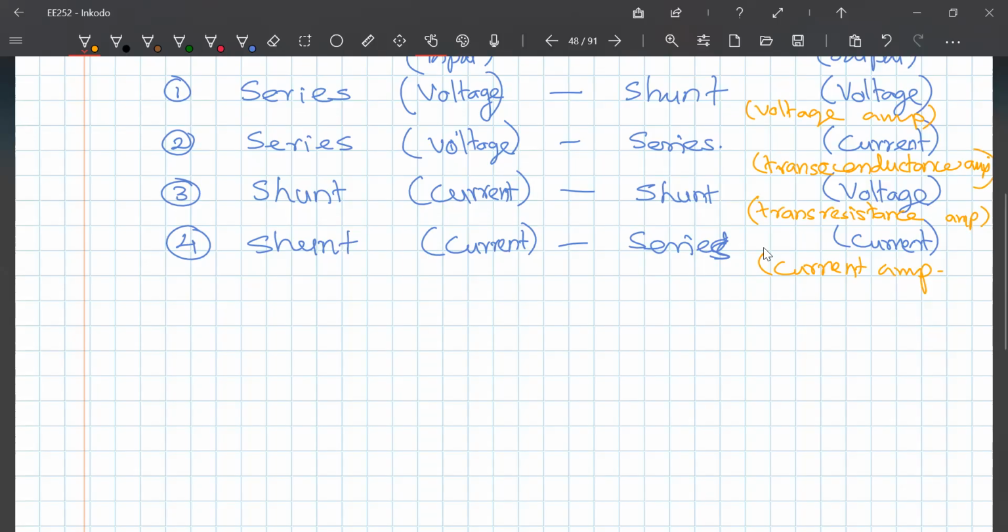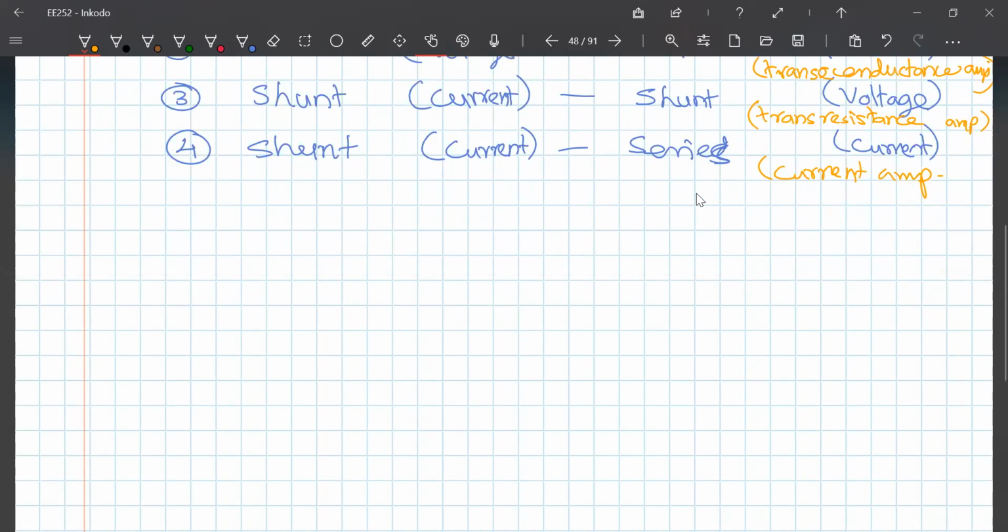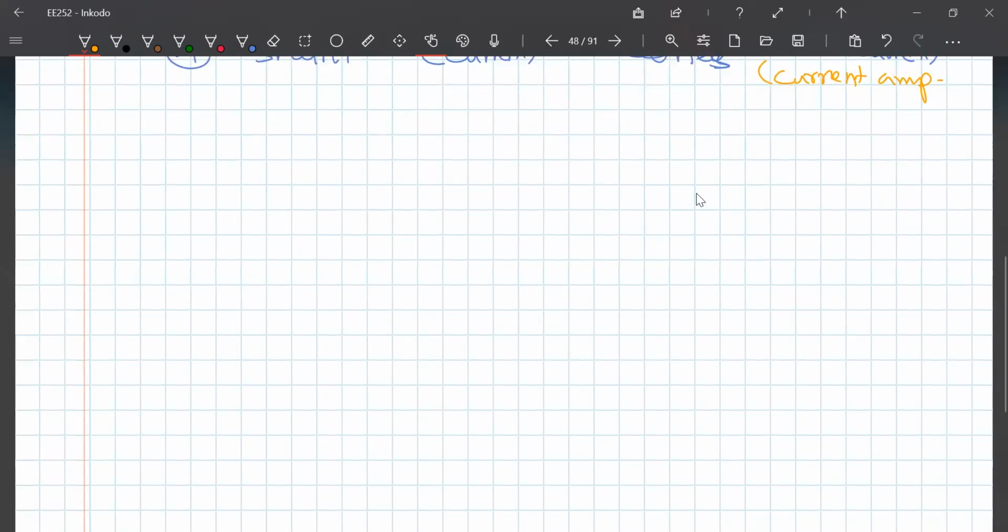So these are the 4 amplifiers. For each of these amplifiers, you have to use a different type of feedback structure. So let's look at the first type. What does that mean? It's a series shunt feedback. We use these for voltage amplifiers.